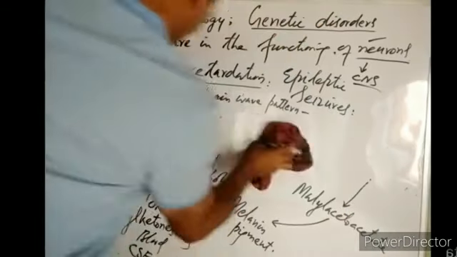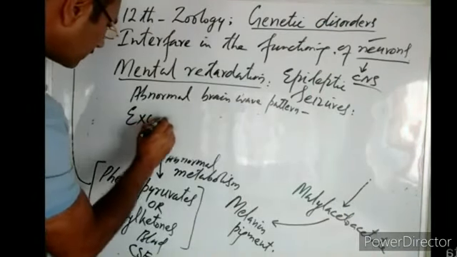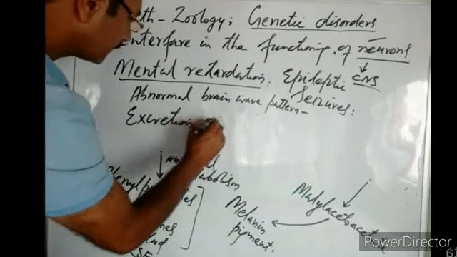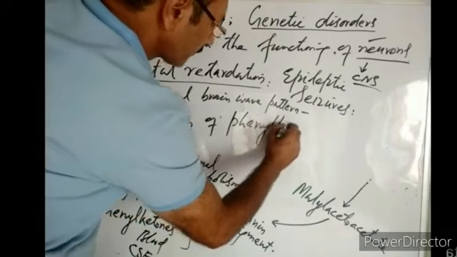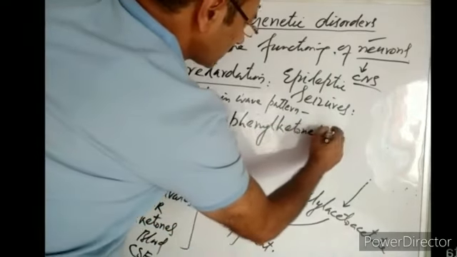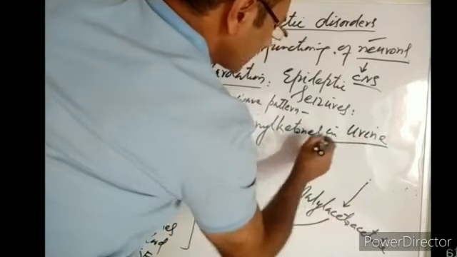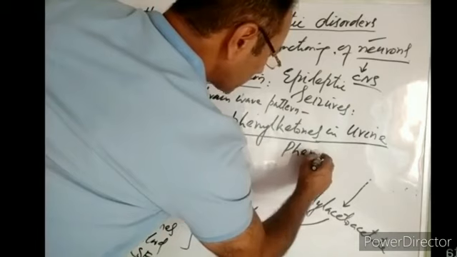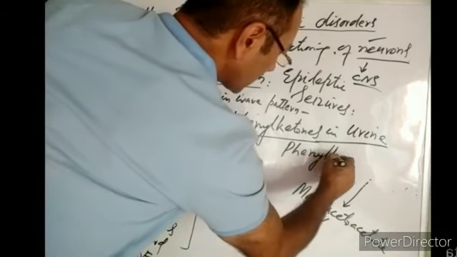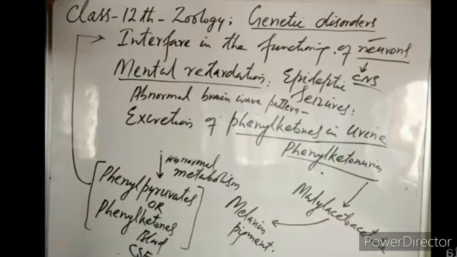That gives the disease the name phenylketonuria, because phenylketones are excreted in urine.